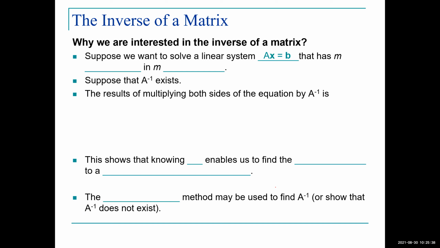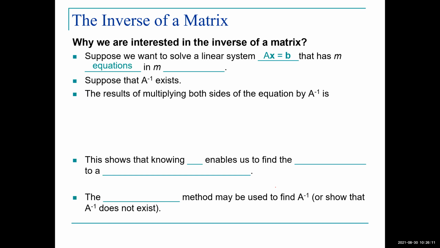Suppose that we want to solve a linear system AX equals B. Go back to our lecture on Wednesday, in which we showed that if we have a set of equations, we can represent them in matrix form, with a matrix A, a vector X, and a vector B. So that's the form that I'm showing, AX equals B. So A is the matrix with all the coefficients, X is the vector of decision variables, and B is the vector of the right-hand side.